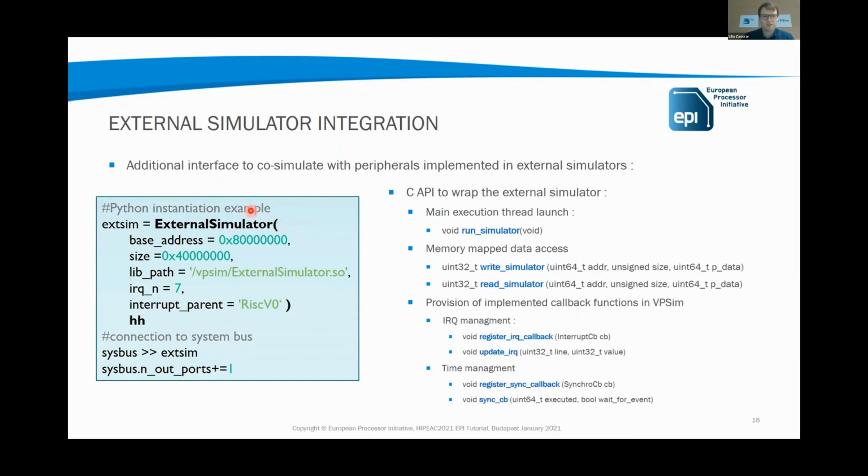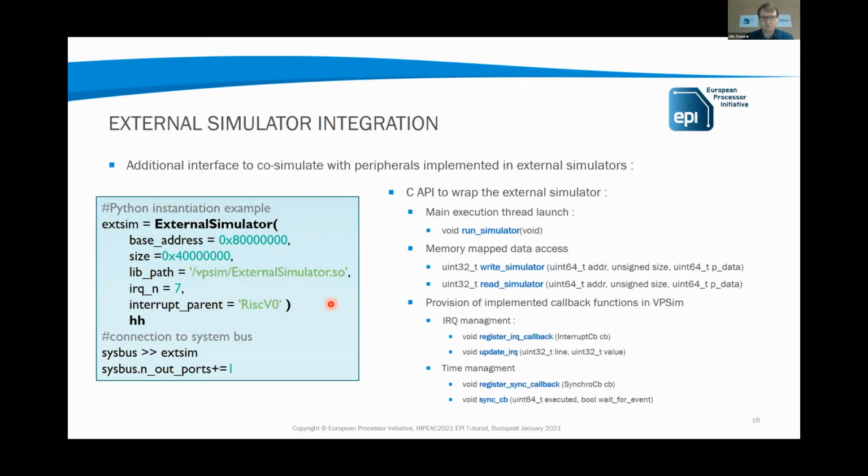Here you can see in the Python interface that you would create an external simulator whose address space would be starting at 0x80000000, and you would then call an external library that would implement the standardized C API that we set up, and provide also an interrupt number to this model.